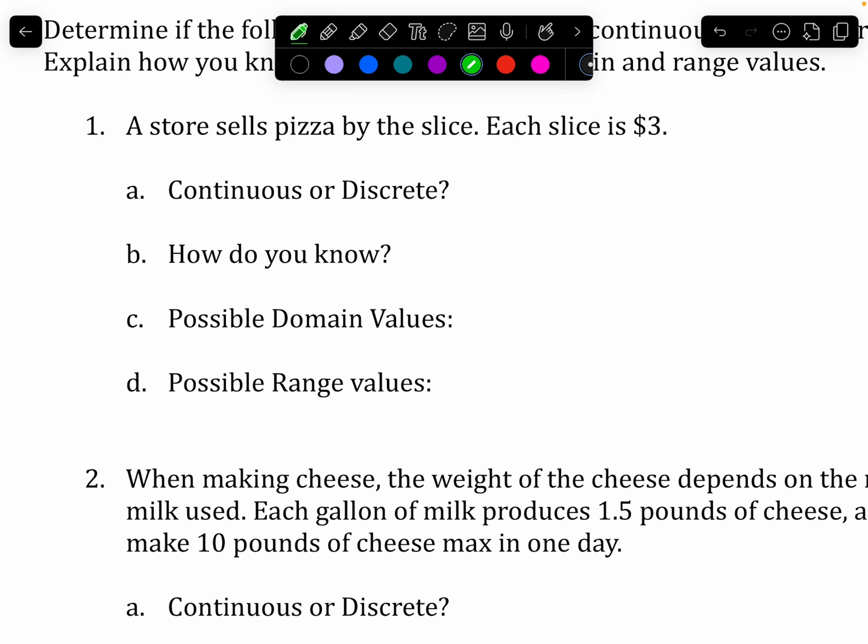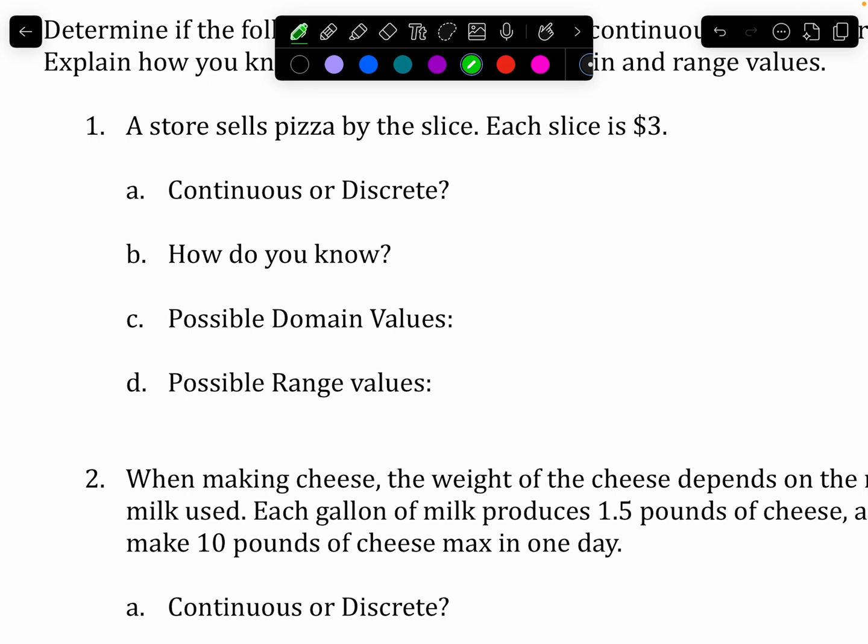So imagine that you're going up to the counter at a pizza place and you say, I would like to buy 4 slices of pizza. Well, you can buy 4 slices of pizza, you can buy 10 slices of pizza, you can buy 1 slice of pizza. But what you can't do is buy a half slice of pizza. You cannot go to the counter and say, I would like 1.5 slices of pizza. You can only order pizza by whole slices.